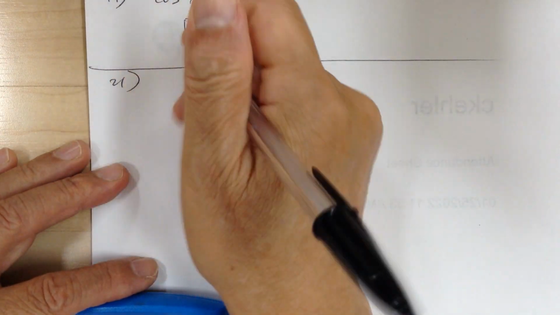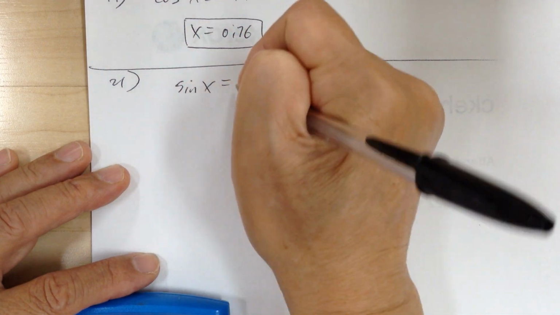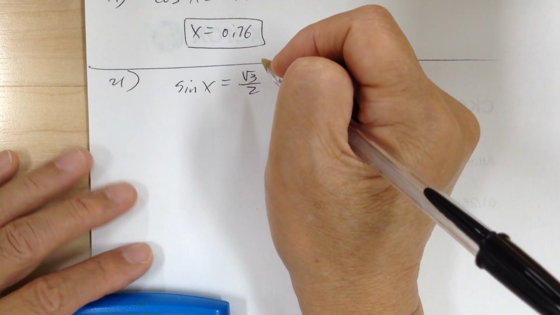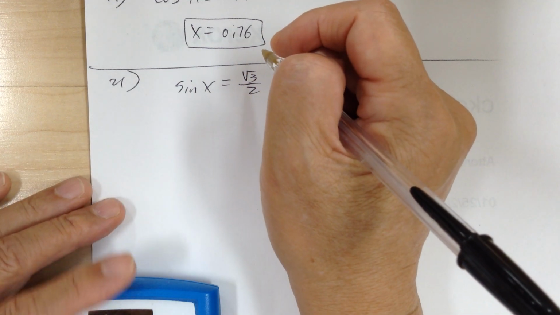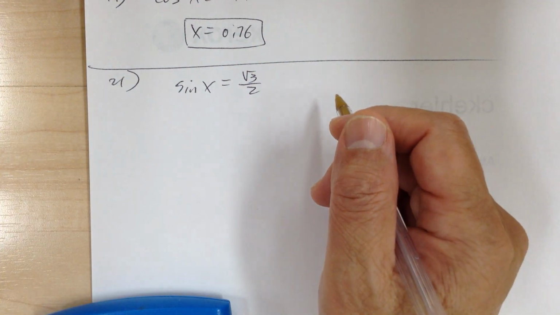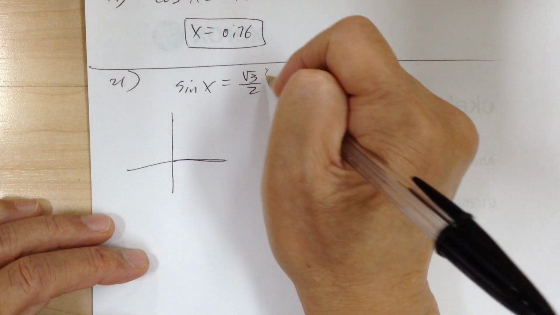Number 21. Sine of x equal to square root of 3 over 2. So this one, you should recognize that this is a special number. Remember, that's your y, that's your x, right?